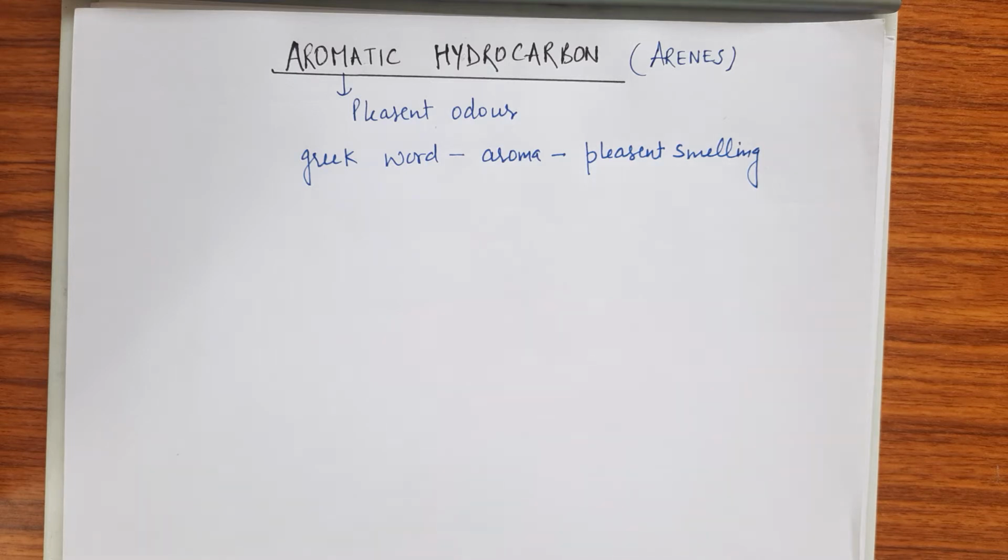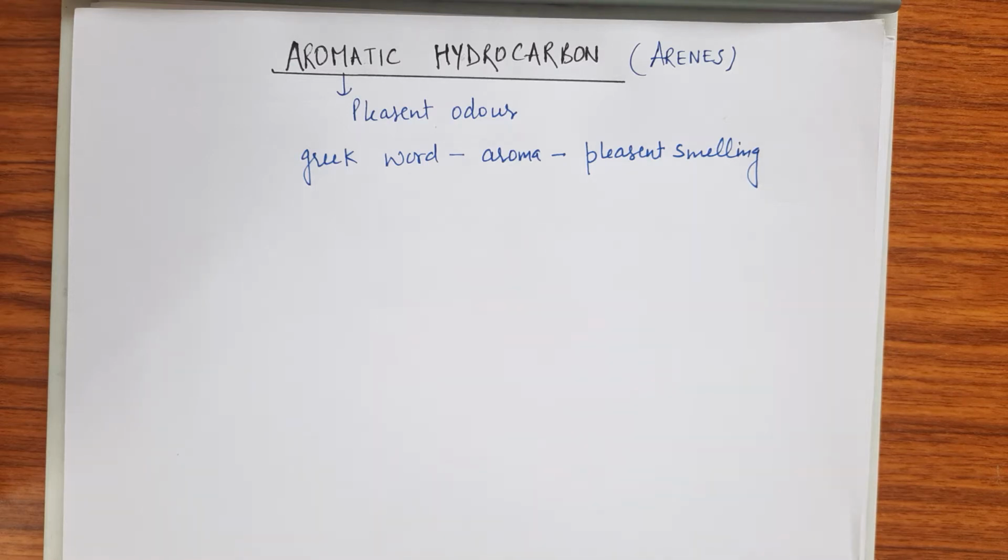Now, as we know, aromatic compounds are the third category of the hydrocarbons. They have some specific qualities. One thing is that most of the compounds which consist of a benzene ring are considered as the aromatic hydrocarbons, right? Aromatics are highly unsaturated compounds.